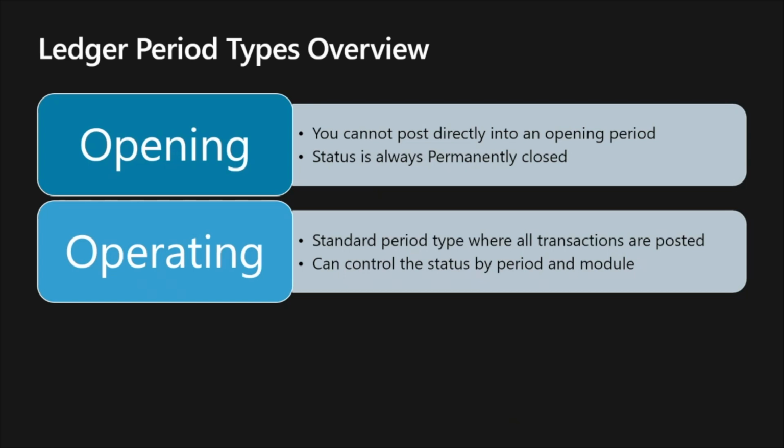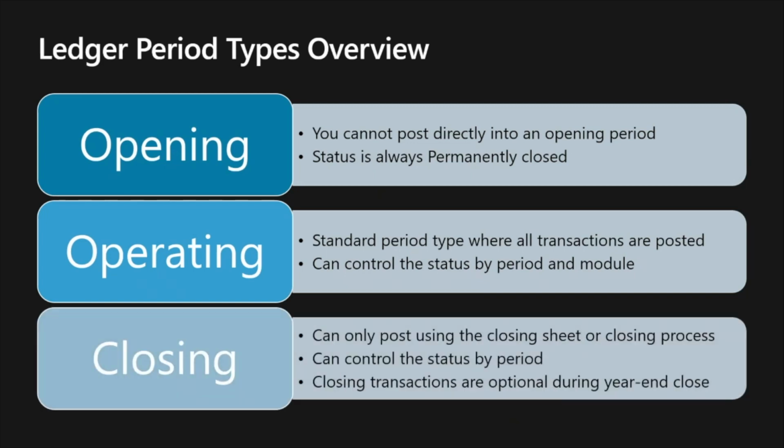When you first create a new fiscal calendar or year within that calendar, all the operating period statuses are open, which means that you can post transactions into the periods. You will typically want to put the future periods on hold to prevent accidental posting into the future. You can also control the status in operating periods by module.